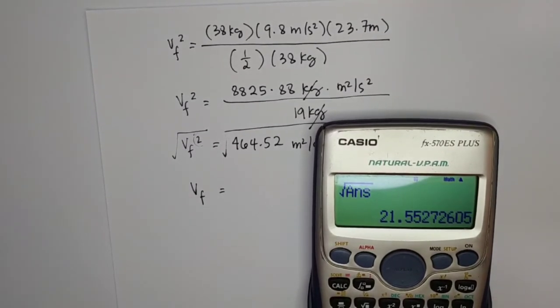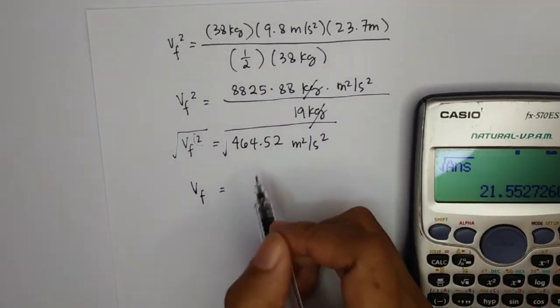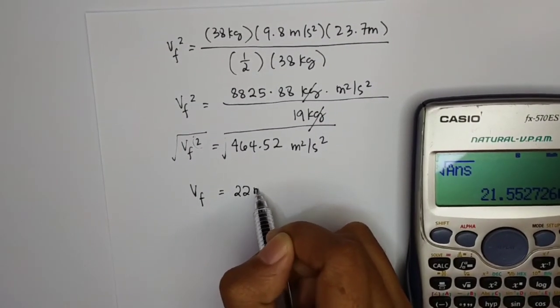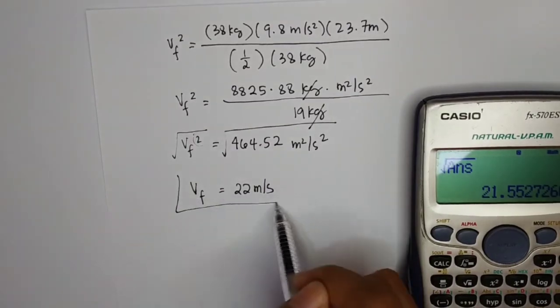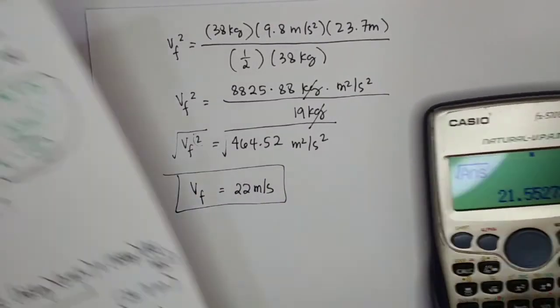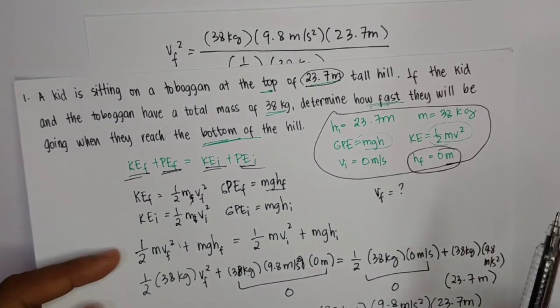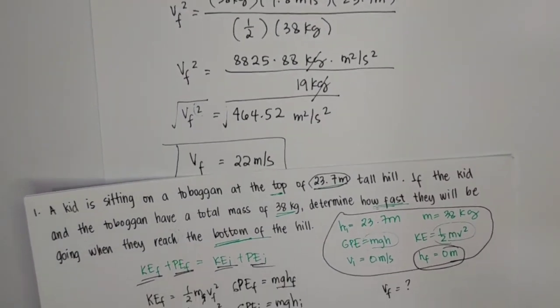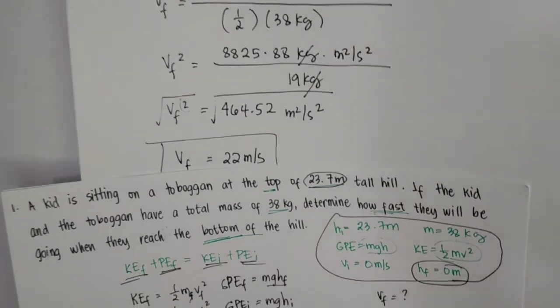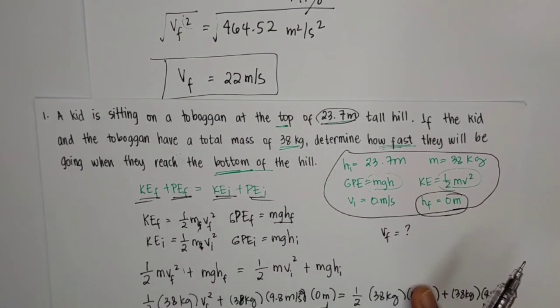So if we're going to round it off to the nearest whole number, that will be 22 meters per second. So that will be the speed of the kid and the toboggan when they reach the bottom of the hill.